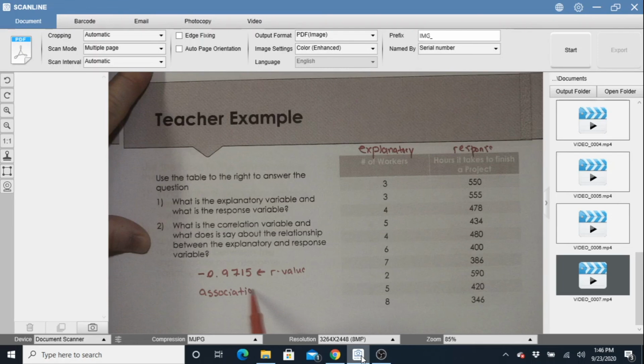Makes sense. If I have a negative association, as one goes up, the other one goes down. It has to be going in that direction anyway. And again, you can see it in the graph. If you take a look at it, you have a negative slope on that line, so it makes sense to have a negative association.